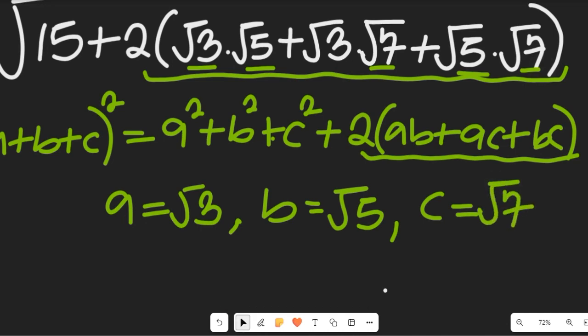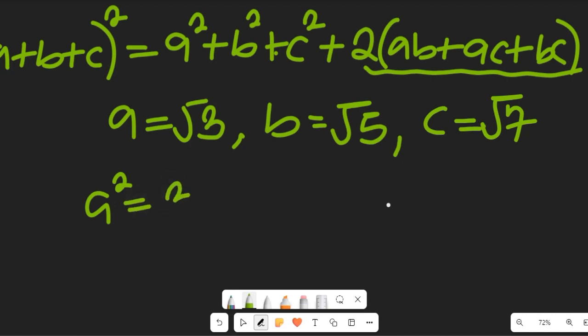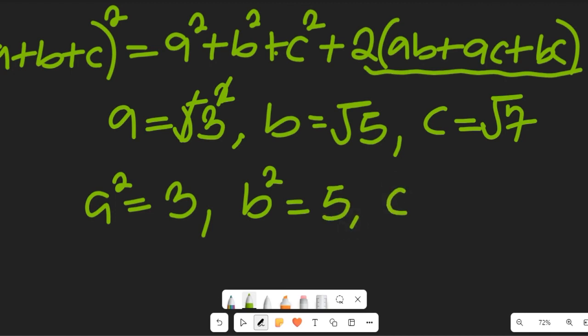And from this expression, a squared will be equal to 3, because if we square here, this gives us 3, then b squared will be equal to 5, and c squared will be equal to 7.